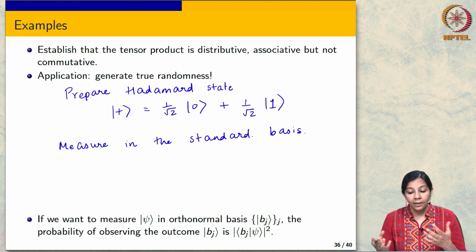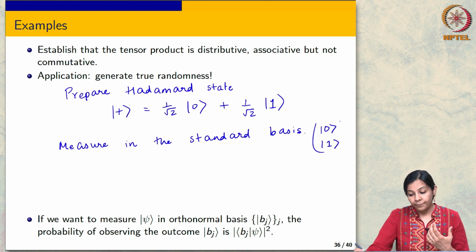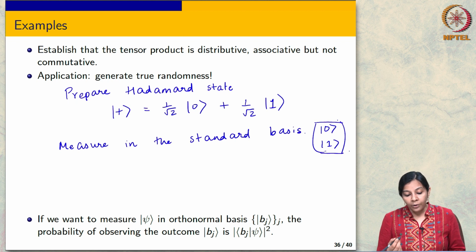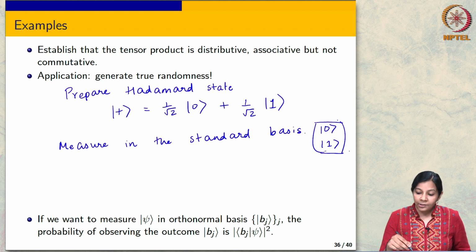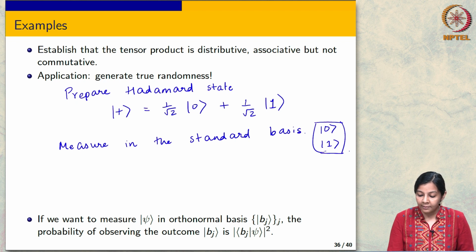But if I measure it in the standard basis, then what do I get? In general, as we see in this note, if we want to measure any state psi in some orthonormal basis Bj, the probability of observing the outcome Bj is given by the mod squared of the inner product of Bj and psi.